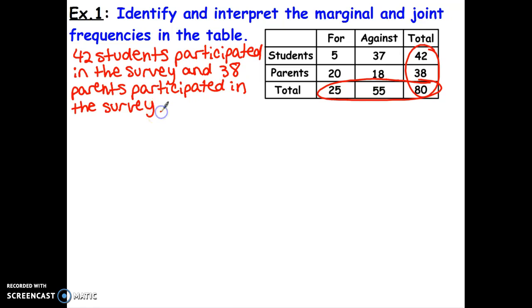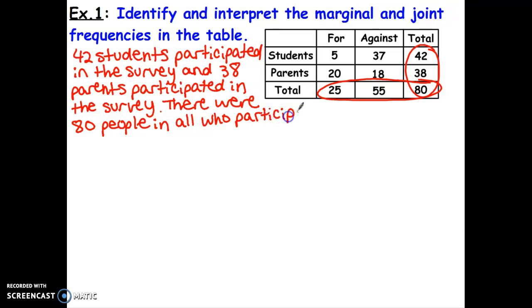Now this 80 tells us the total number of people who participated. So there were 80 people in all who participated in the survey.